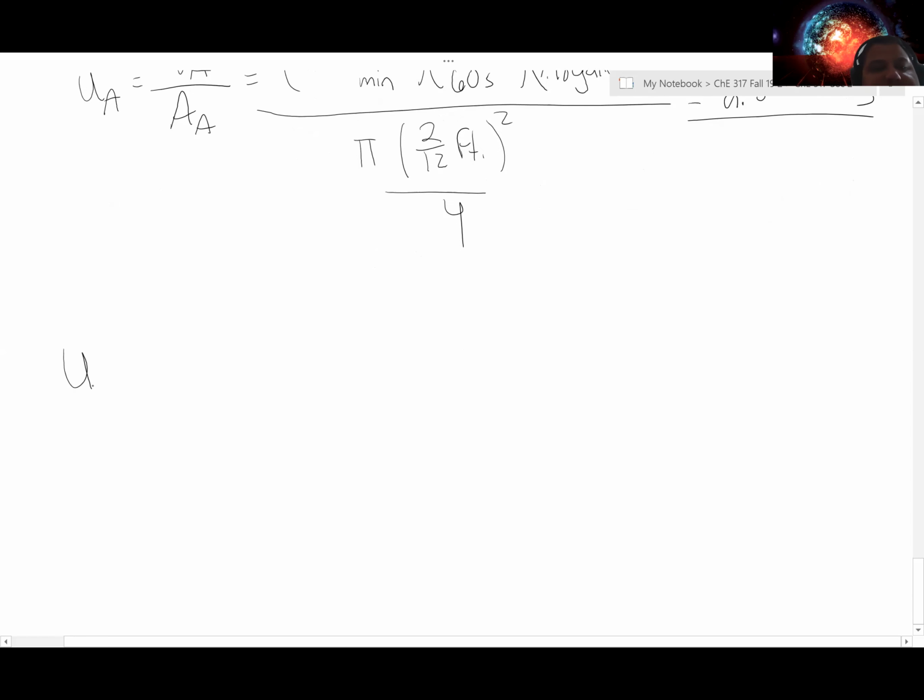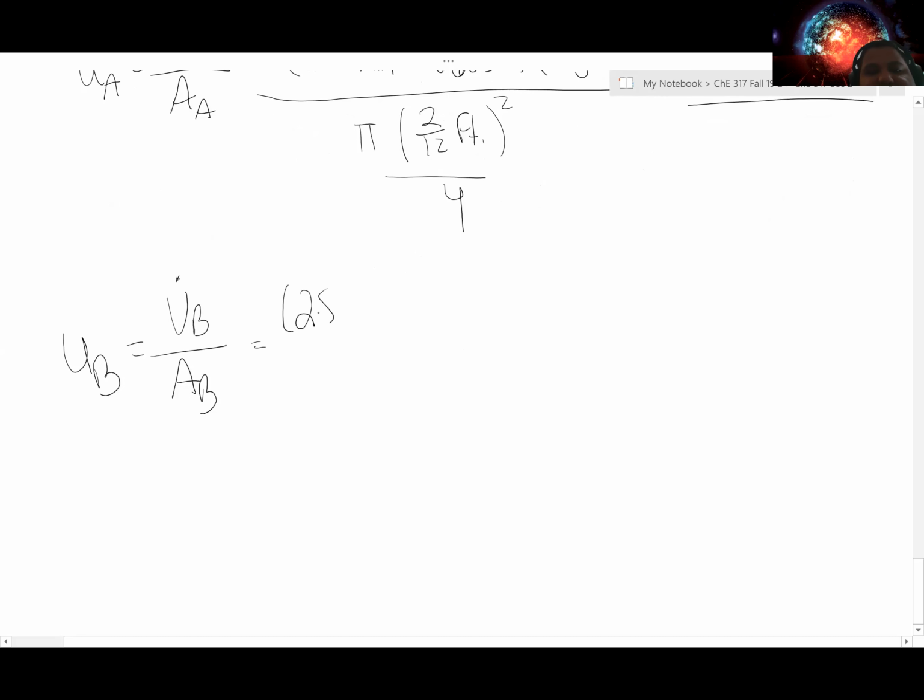Now let's look at the velocity of B, which is the flow rate of B over the area of B, which is equal to 25 gallons per minute again. That's the same conversions.